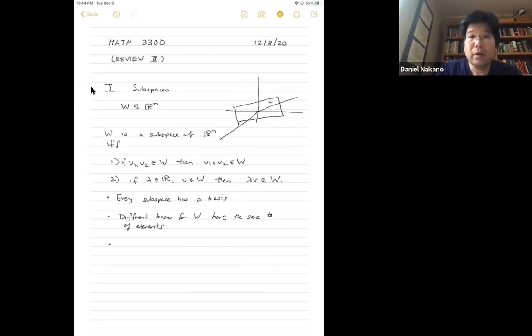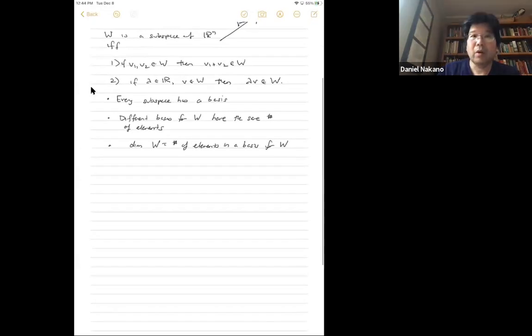Because they have the same number of elements, I can talk about the dimension of a subspace. So the dimension of W is equal to the number of elements in a basis for W. These are three very important principles about subspaces and bases. All right, any questions up until this point?